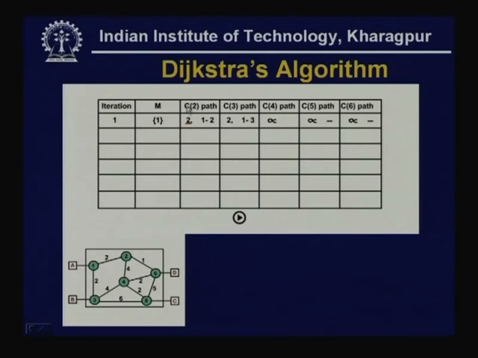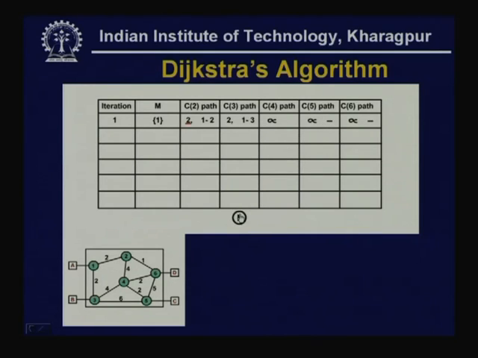The cost for the path from 1 to 2 is 2, and the cost from 1 to 3 is also 2. Since from 1 we do not know the cost for 4, 5 and 6 right now, these are given as infinity. So, there is no path to 4, 5 and 6, and the cost is infinity in the beginning. This is after the first iteration.